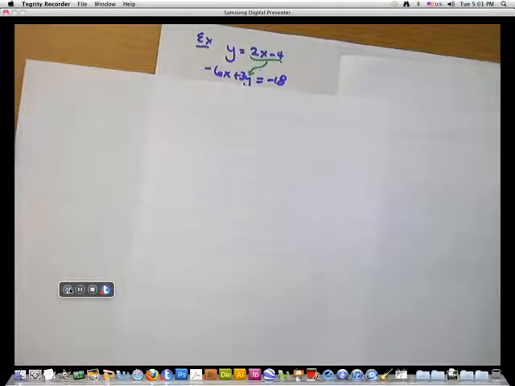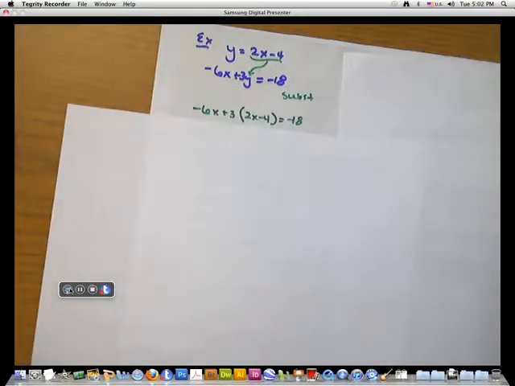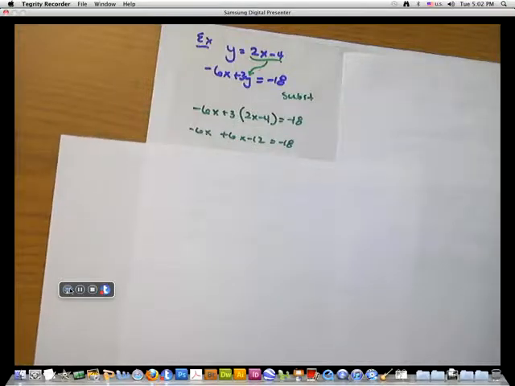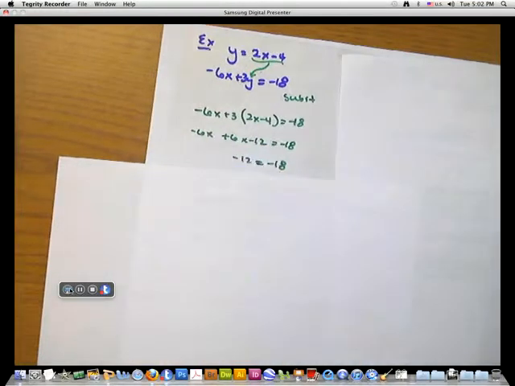That means I'm going to replace y in the second equation with the 2x minus 4. When I distribute and combine like terms, I get negative 12 equals negative 18 because my x's went away.